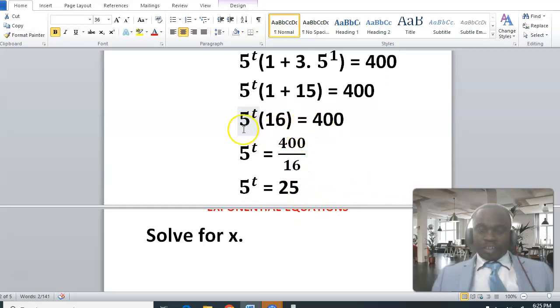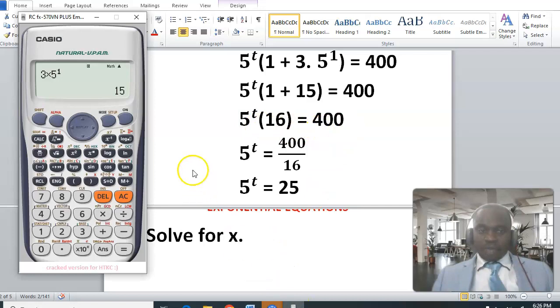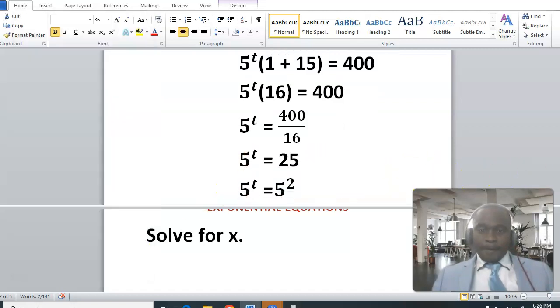So this side by 16, this side by 16. So we are going to have 400 divided by 16, which gives us 25.